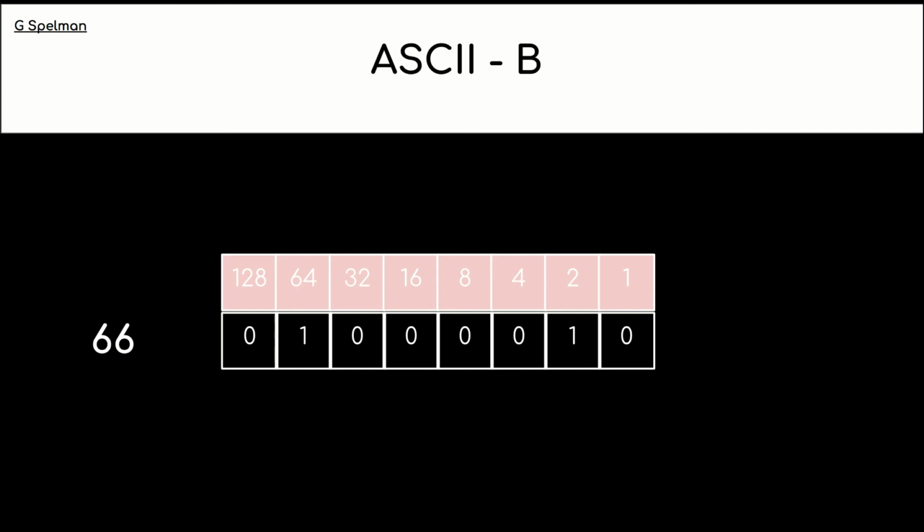And also, you need to know that these go in a sensible, logical order. So you would now be expecting the next letter I'm going to show you to be C. And you would also expect its denary value to be 67. And that is correct.